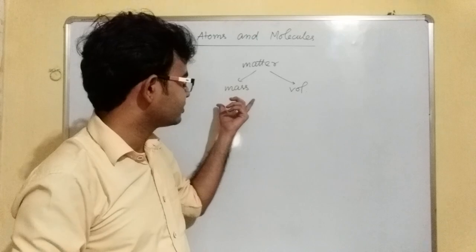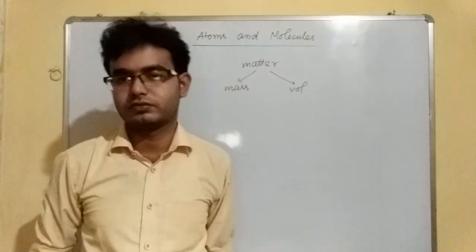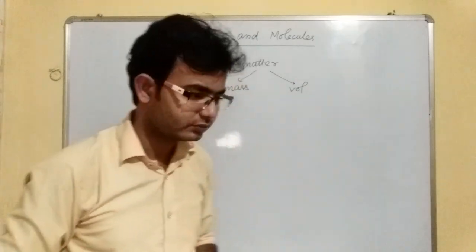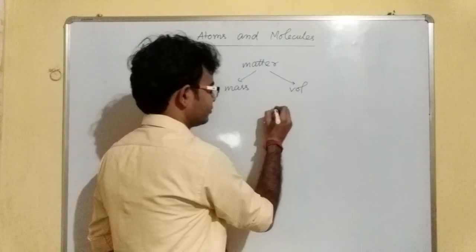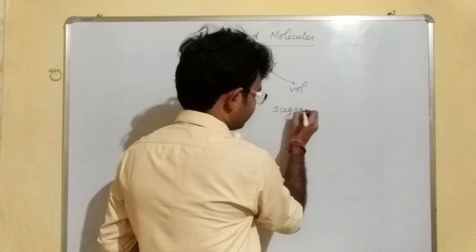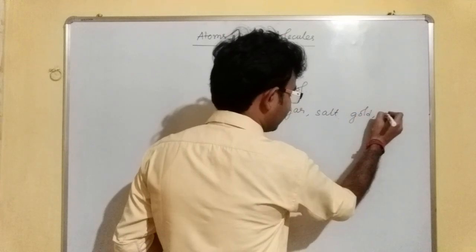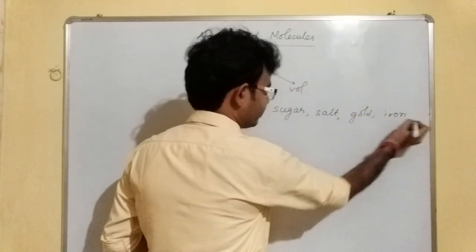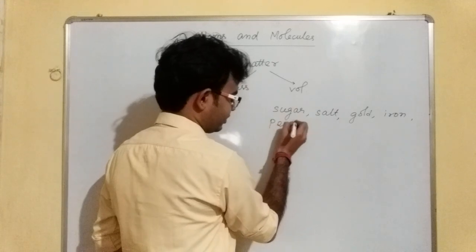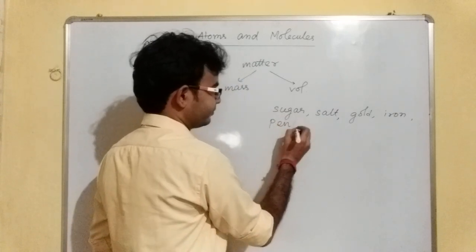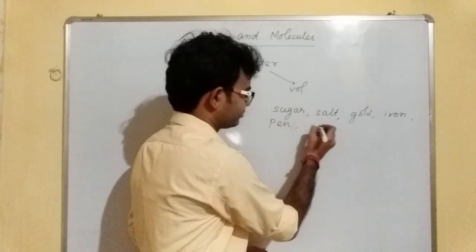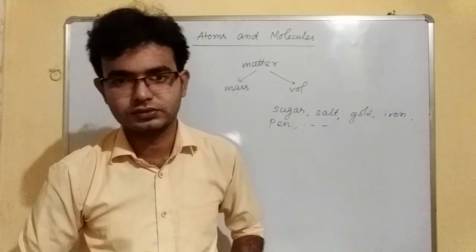Those substances which have both mass and volume are called matter. If we take the example of sugar, salt, gold, iron, the pen that we are using now, and so on.